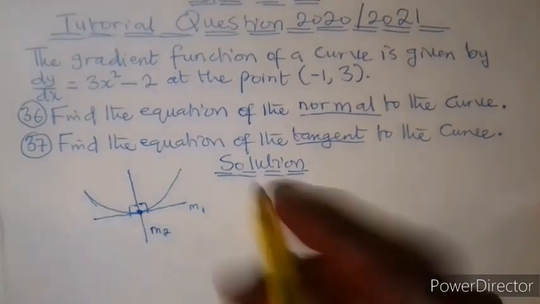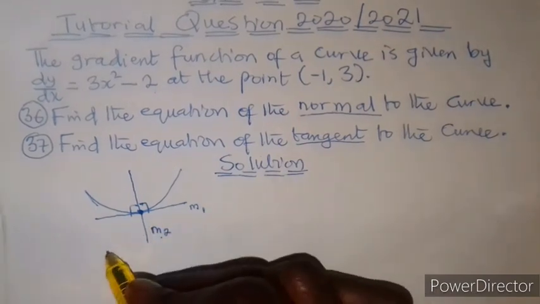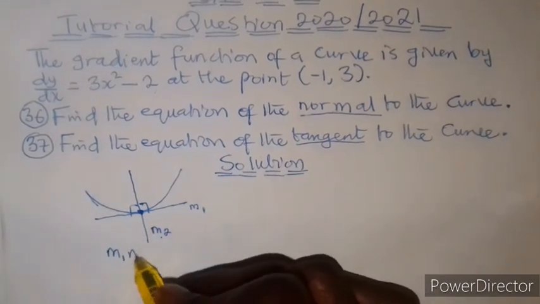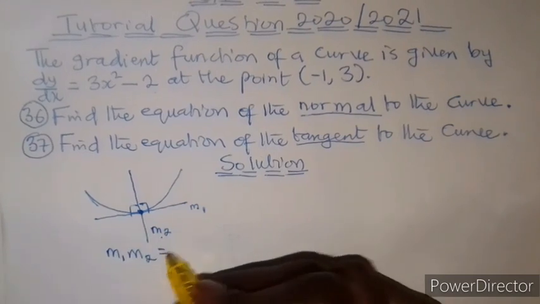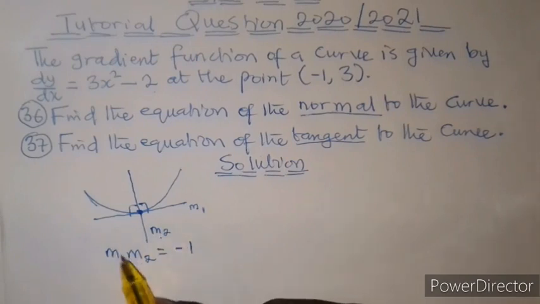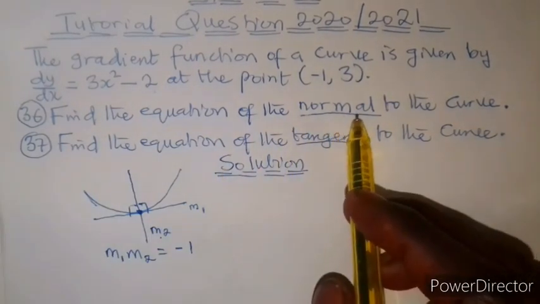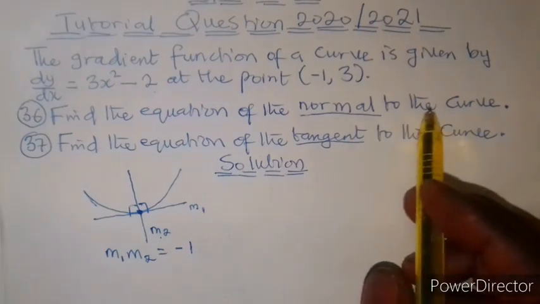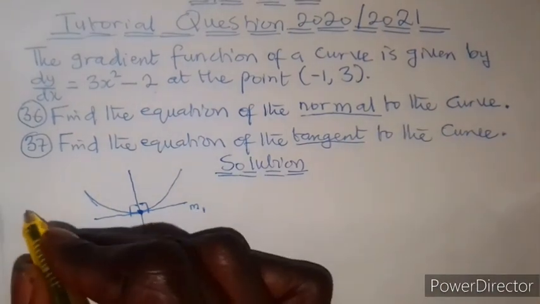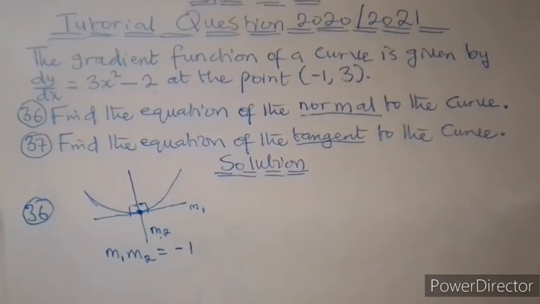Now the relationship between m1 and m2 is that their product m1 times m2 will give us minus 1, and this is what we are going to use in getting the equation of the tangent and the normal to the curve. Now let us start to answer question 36.